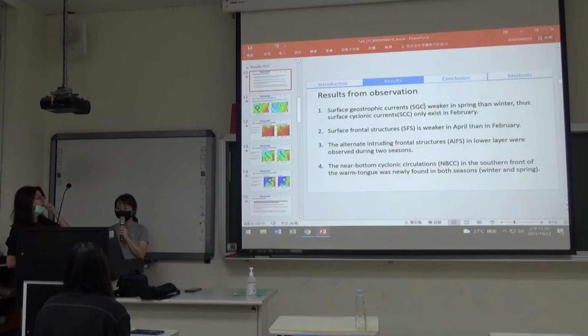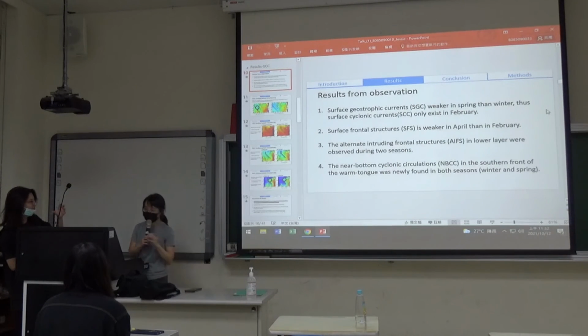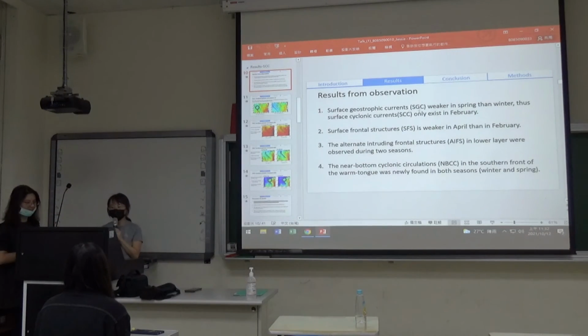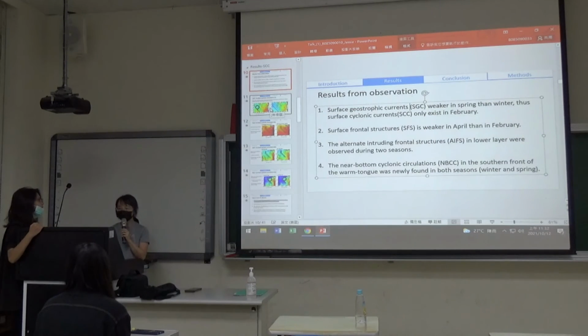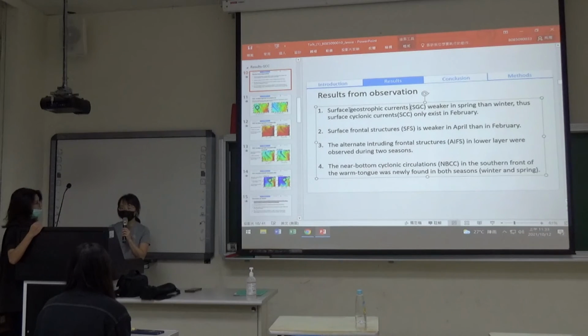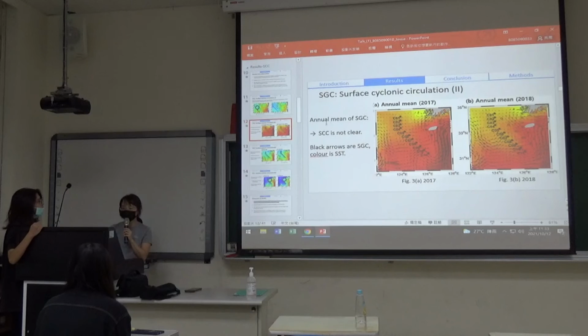Because I want to keep the text to the minimum sentences. Okay, I see your point. But when you write it this way, it is not really helping communication. So I would suggest, if you really need to use SGC, for example, even after 2 slides later, I already forget what SGC is.